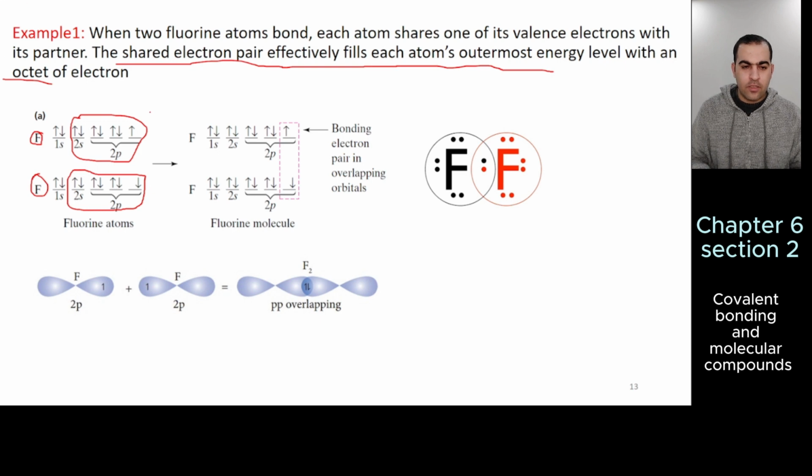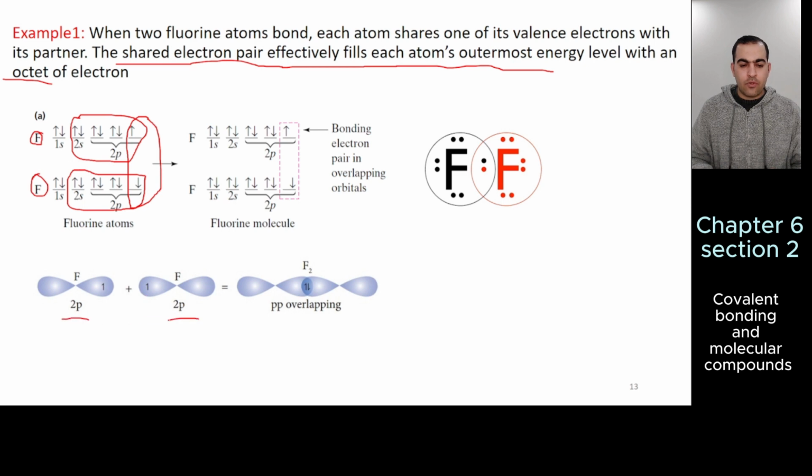They share their unpaired electron, and these are going to be drawn with opposite spin states, because they're shared between two atoms. But when we say these two electrons are shared, in terms of orbitals, how are their orbitals going to change?